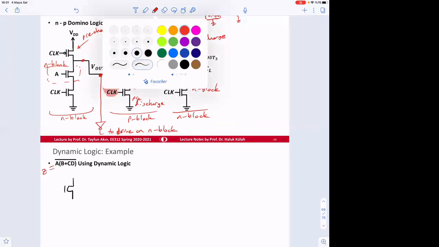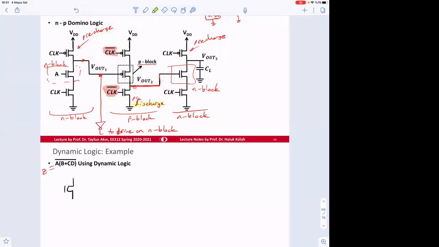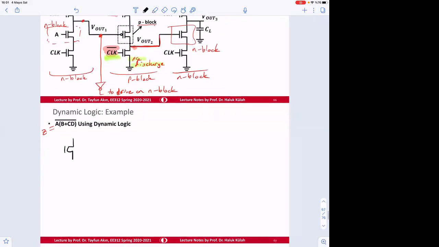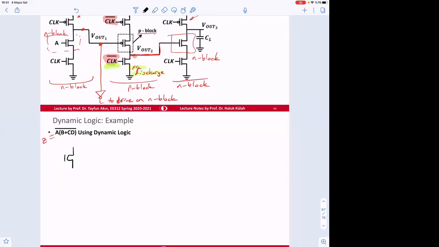So this pre-charging happens in this cycle. So that's how we use it. So we can draw the N block here. So this is the pre-charge thing. So clock is coming here, and then we just need to construct the N block.